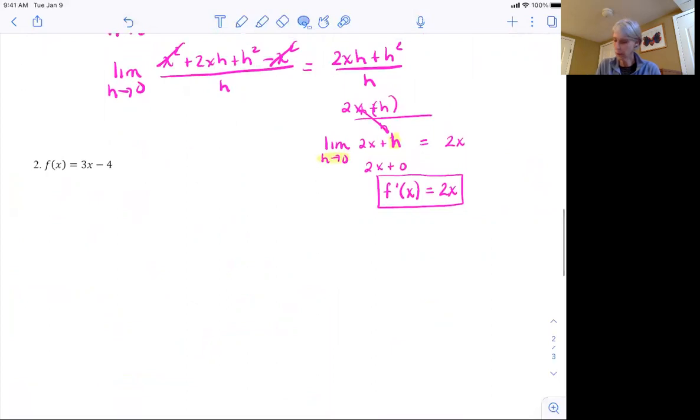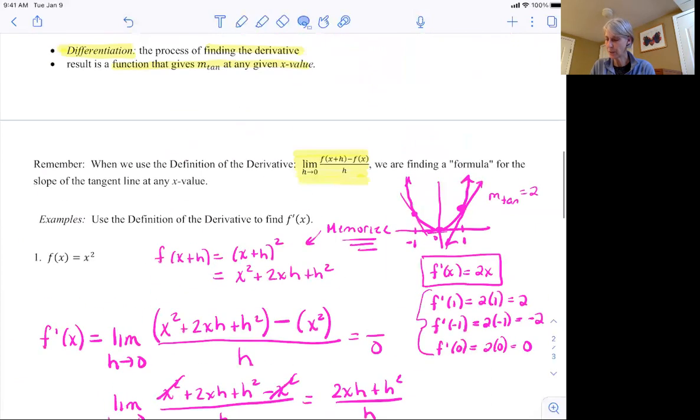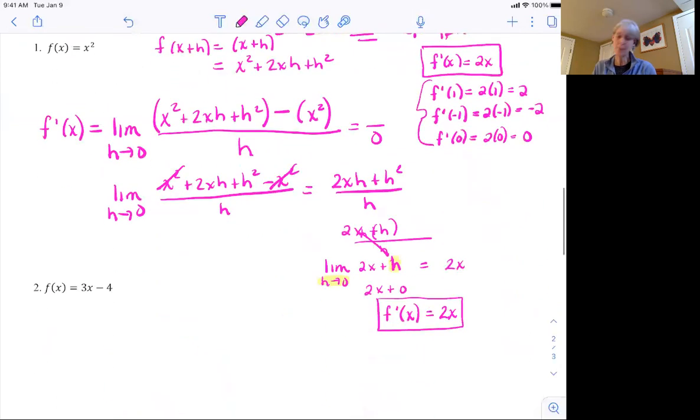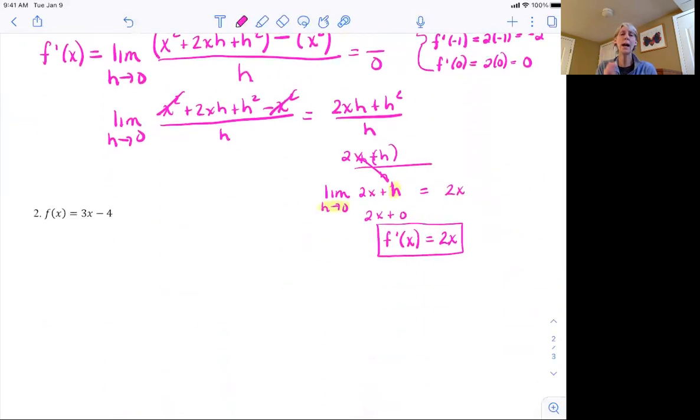I'll try to make it a little neater this time. All right, so anytime I'm going to set up my definition of the derivative, my limit definition, if I'm given a function, I know I'm going to have to find f of x plus h. So I usually kind of do that right away.